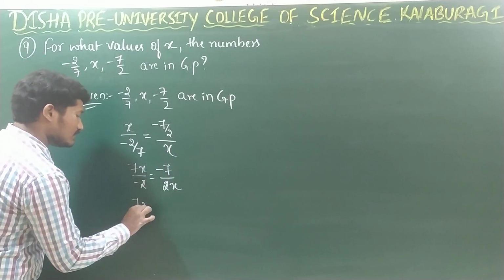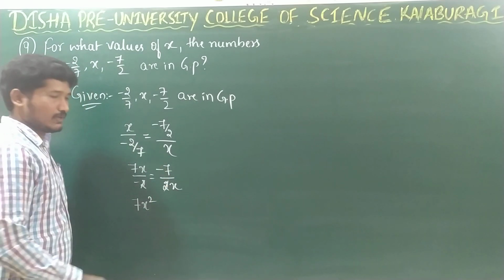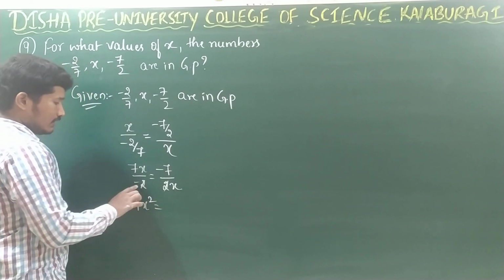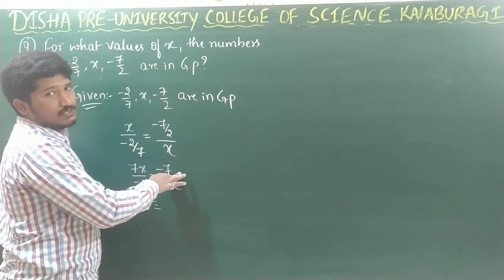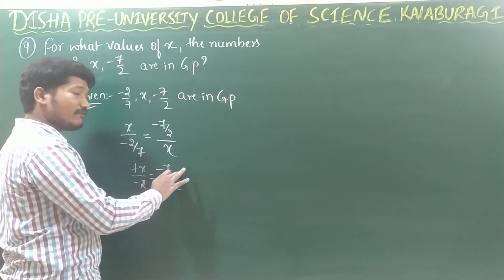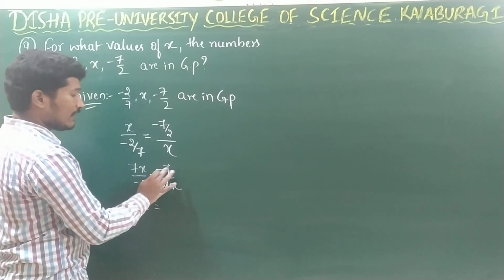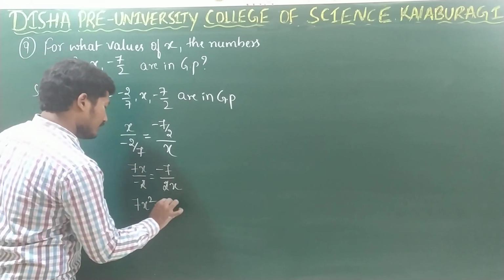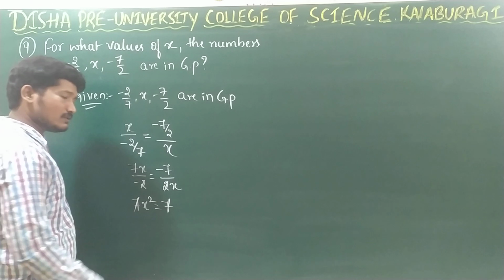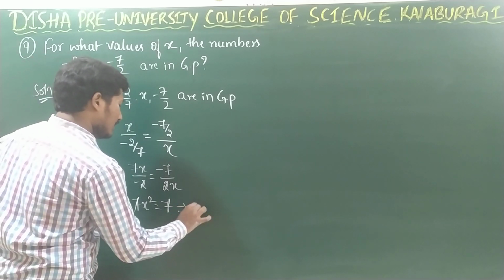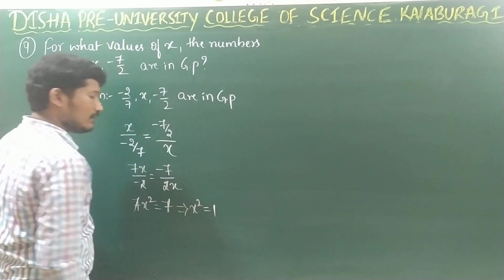So in the LHS we have 7x square is equal to. Here we are left with minus 1. I will transfer this to the RHS. So it will be minus 7 into minus 1. Right? Minus into minus will be plus. 7 into 1 will be 7. Again here 7 gets cancelled. So this implies x square will be equal to 1.